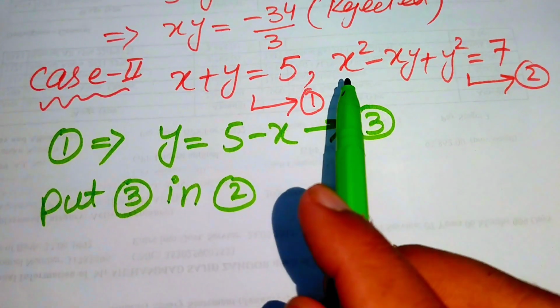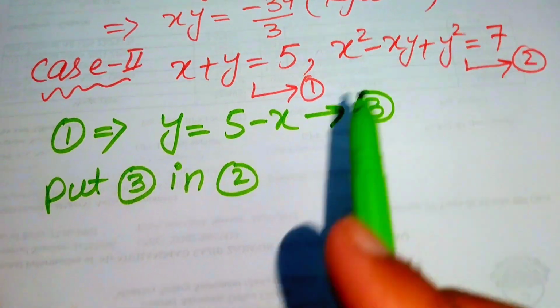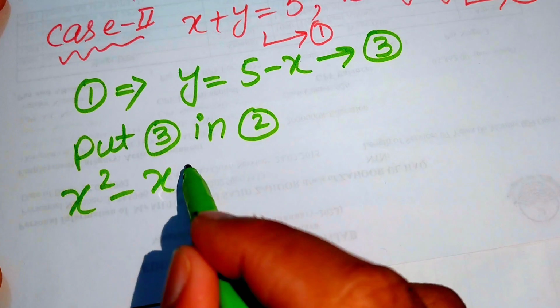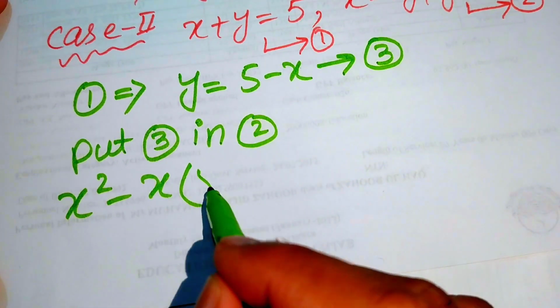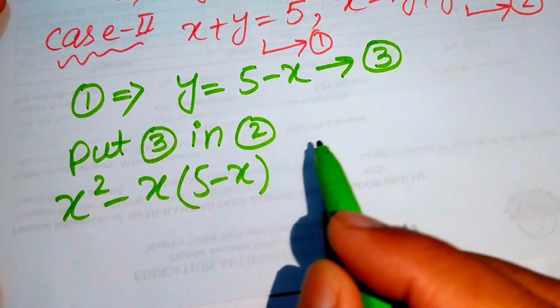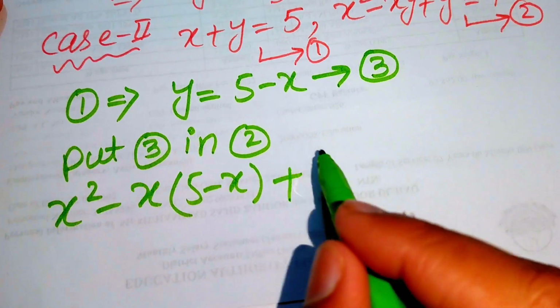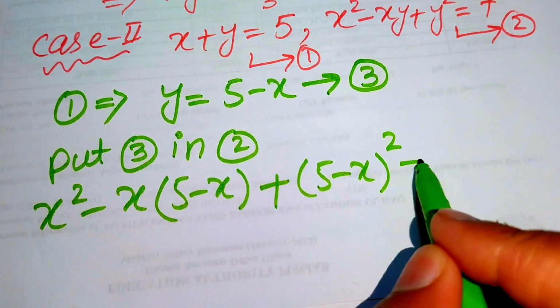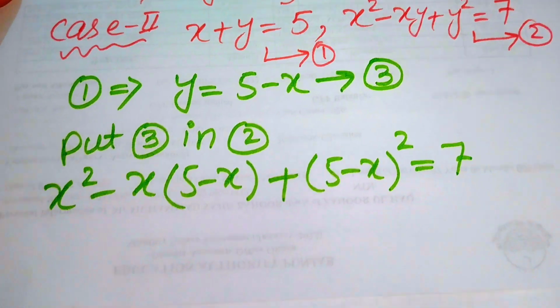So we have equation number 2, x square minus xy. So we write it here, x square minus x into y, where the value of y is 5 minus x, plus y square, where the value of y is 5 minus x and its whole square equals 7.